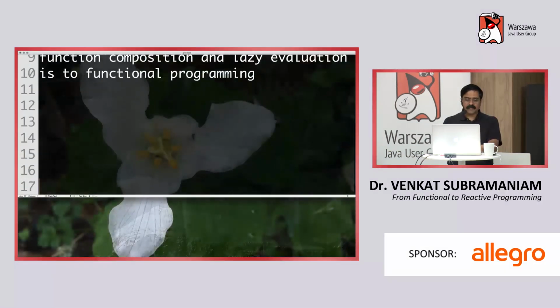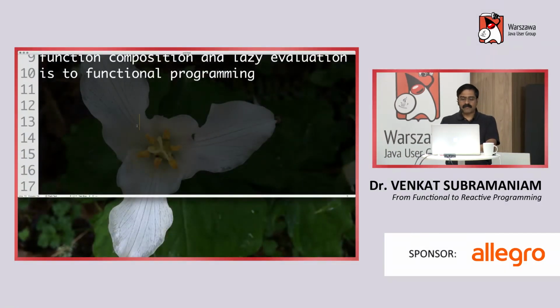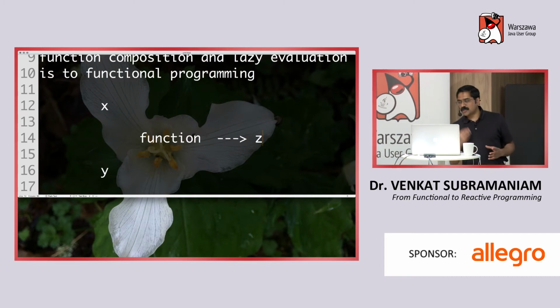So what is a data flow? A data flow is where you have a function and you have an input coming into this function. Let's say this function requires an input X and it requires an input Y, and the function is going to produce an output of, let's say, Z. Well, in a typical von Neumann architecture, you have instruction sets.